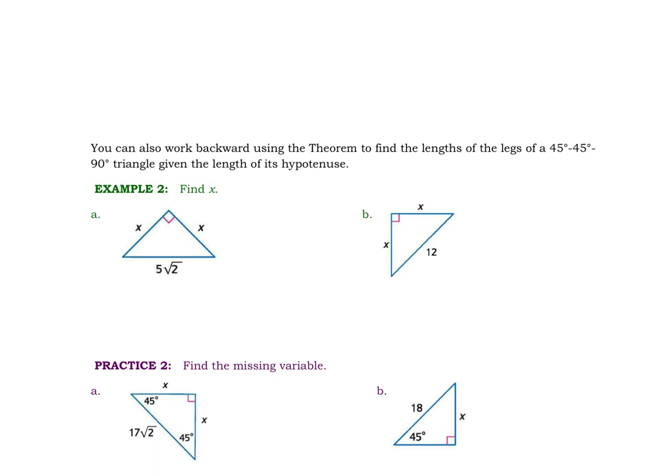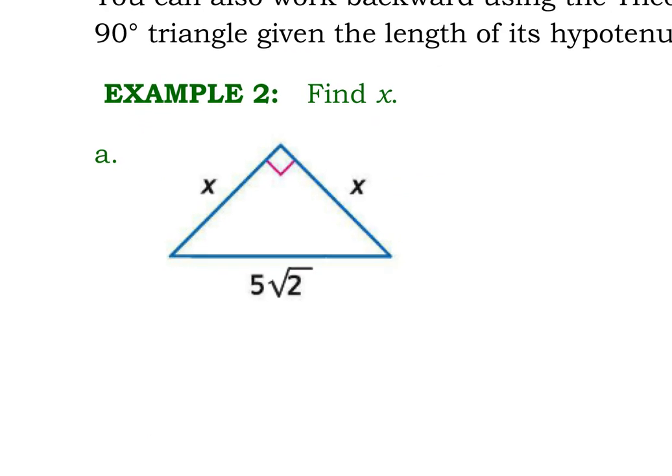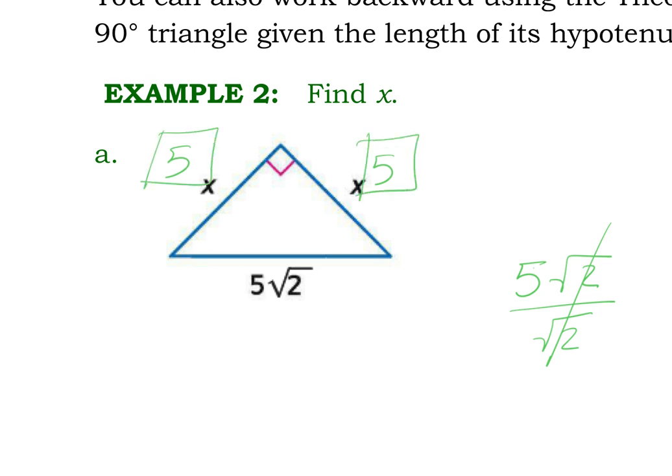So it's nice when the hypotenuse already has that radical 2 on it, because it just goes away. If the hypotenuse is 5 radical 2 and I divide it by radical 2, those cancel, and my 2 legs would be 5. Or if we just recognize the hypotenuse already has that radical 2, we just take it off. Our legs are just that number. So 5 and 5.